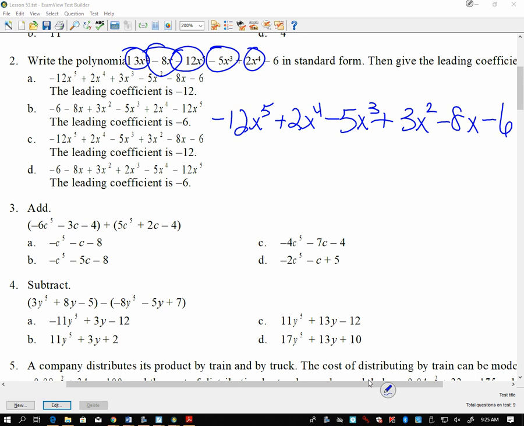What is the leading coefficient, Blayton? The leading coefficient? What does leading mean? When you were in elementary school, did you guys have line leaders? Who was the line leader? How did you identify the line leader? If you ever passed another class going down the hall in order, they're all single file.